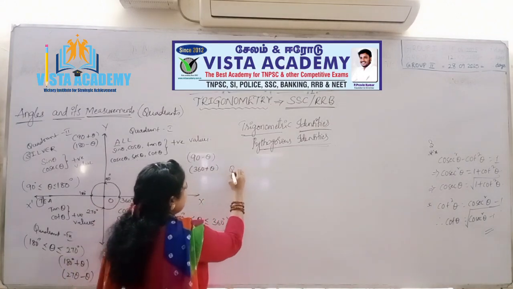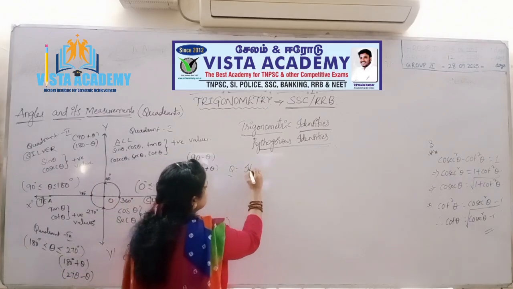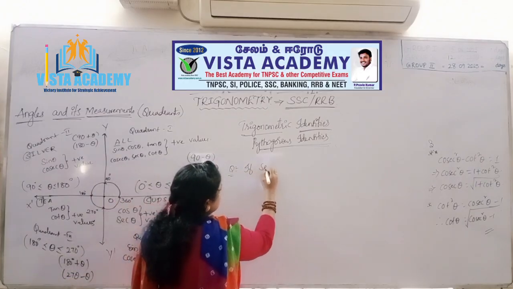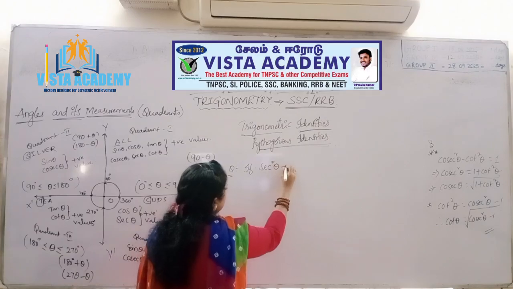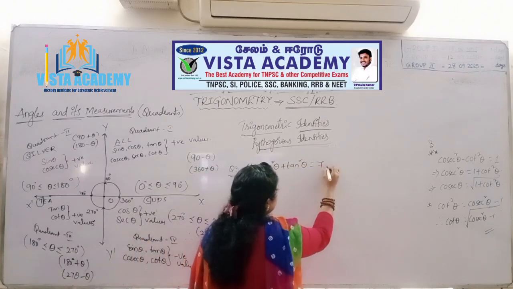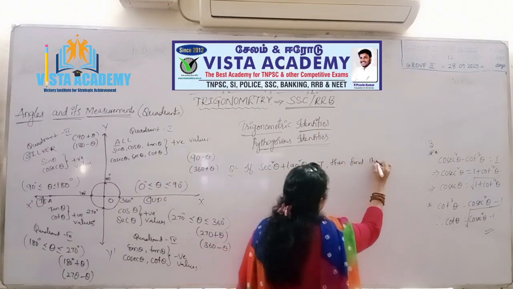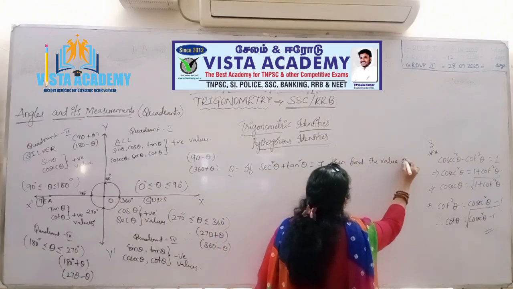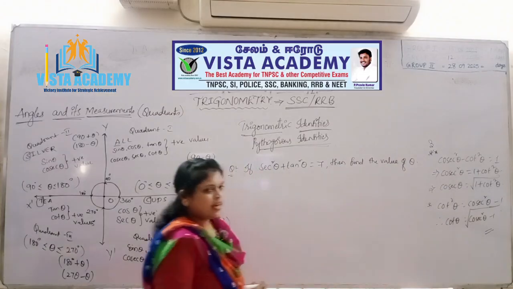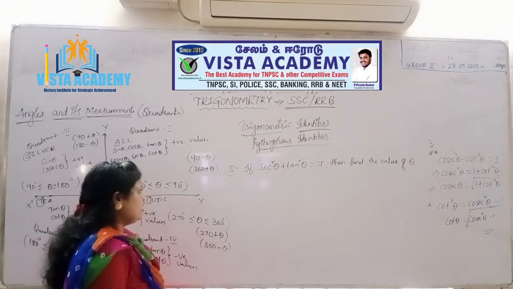Problem: let us solve one problem based upon the square identities. If secant square theta plus tan square theta is equal to 7, then find the value of theta. Now they are asking us to find out the value of theta. Already they have given one condition.